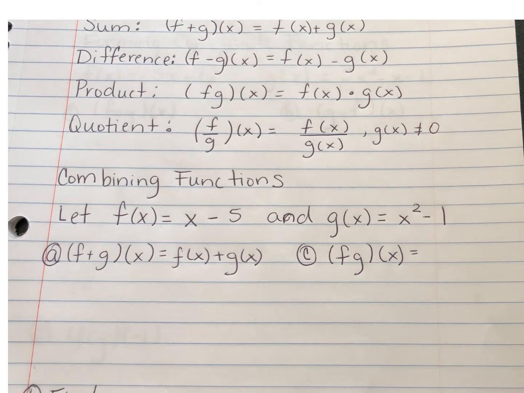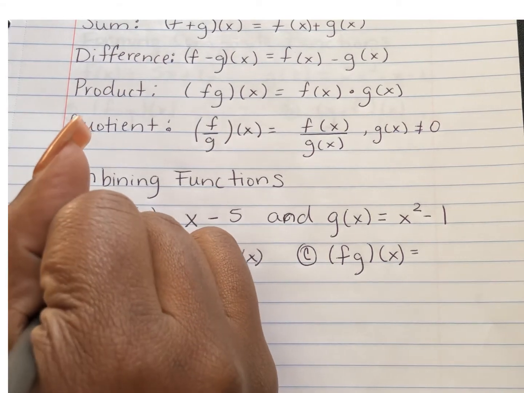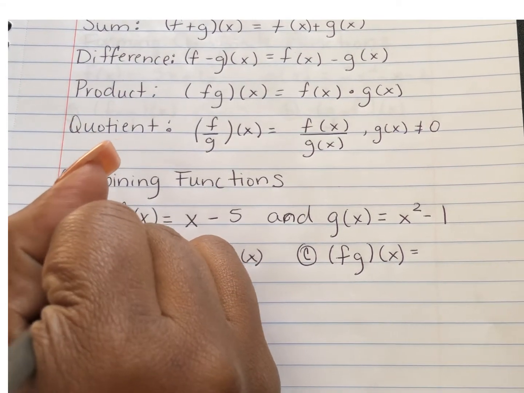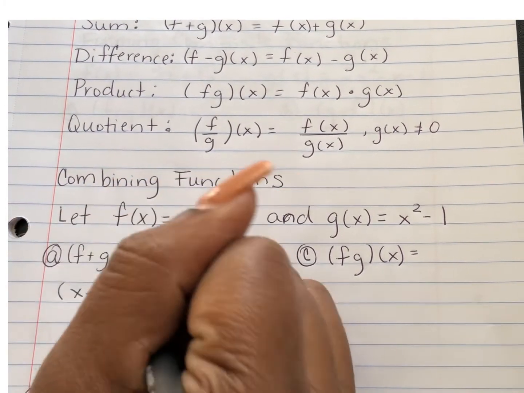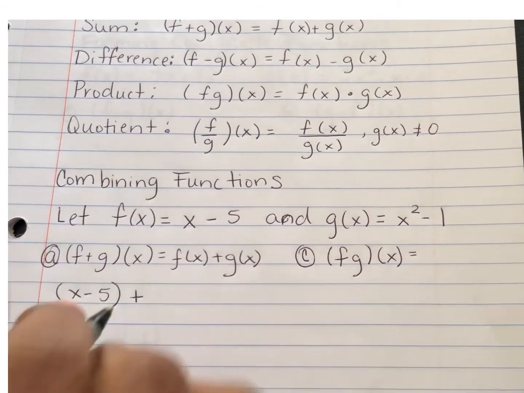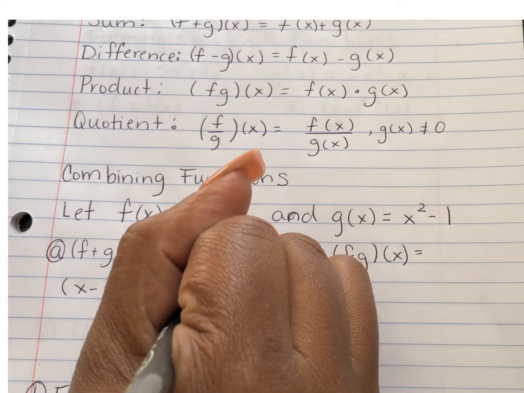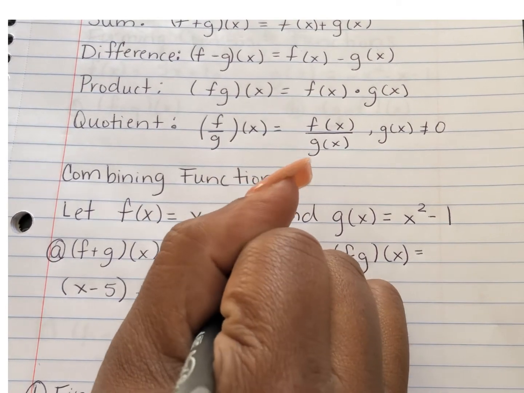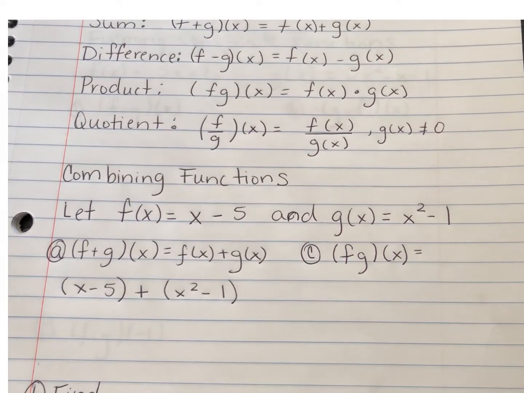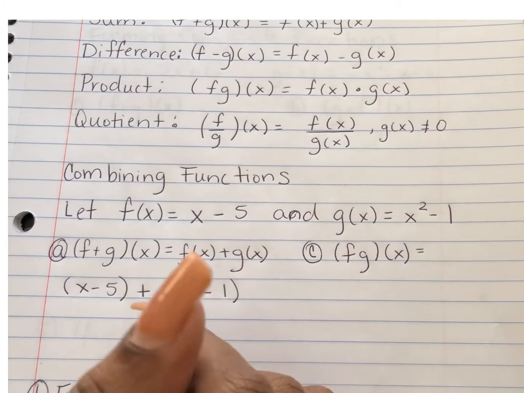Now, f of x in this case is x minus 5 plus g of x, which is x squared minus 1. Now we combine like terms.